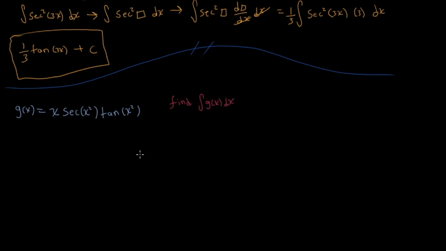This one is a very complicated looking one. Well, it turns out it's actually not. If you realize this bit right here, this secant x squared tan x squared portion, that is actually the derivative of a secant function.